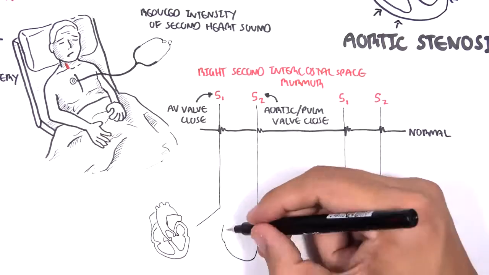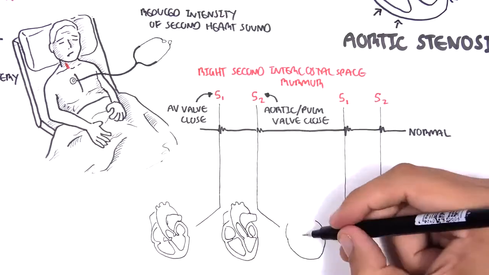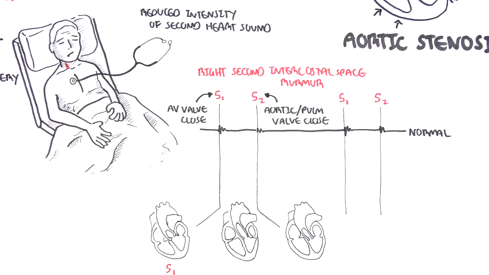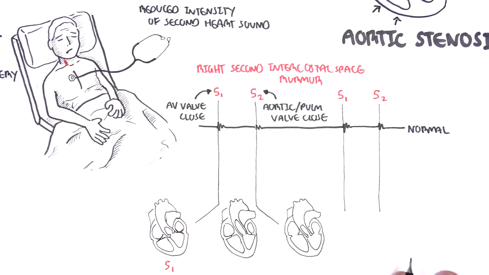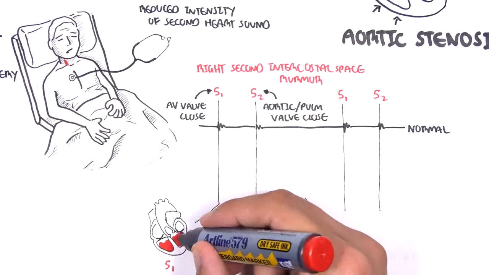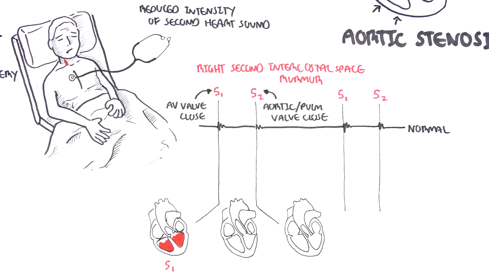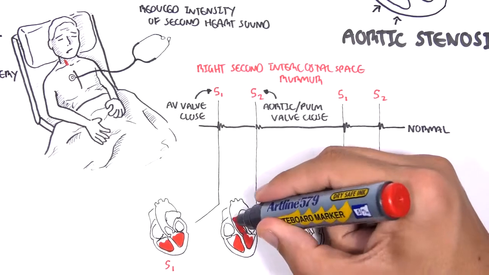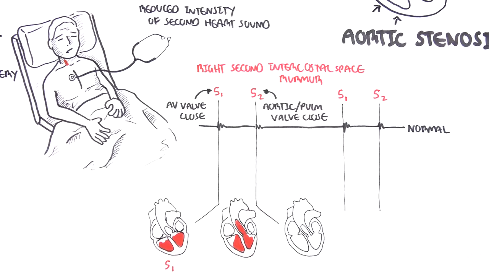Drawing these sounds out, we can divide it into 3 things. S1 is when your AV valves close, and your blood is in the ventricles. The ventricles begin to contract. Between S1 and S2, your ventricles are contracting so hard that it pushes blood through the aortic valve.